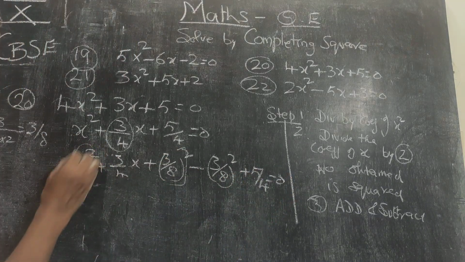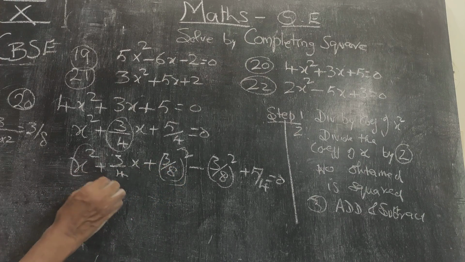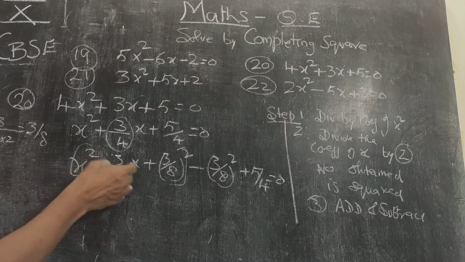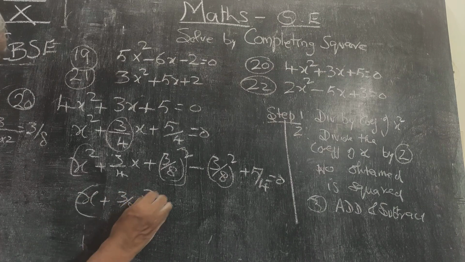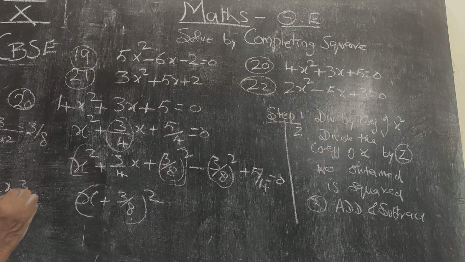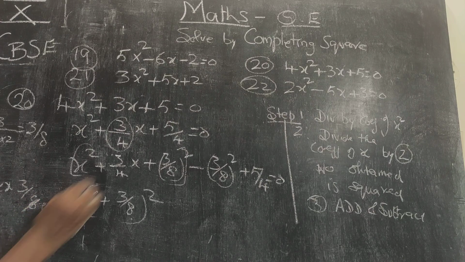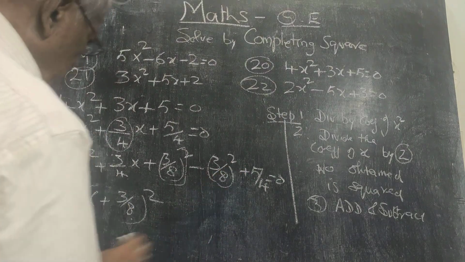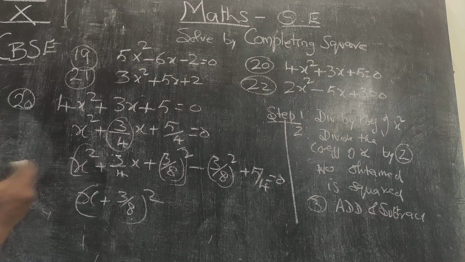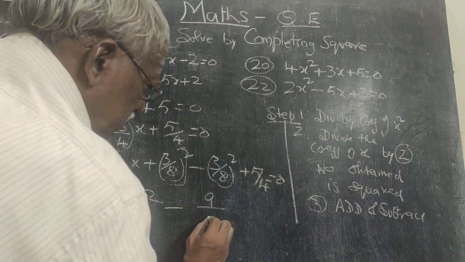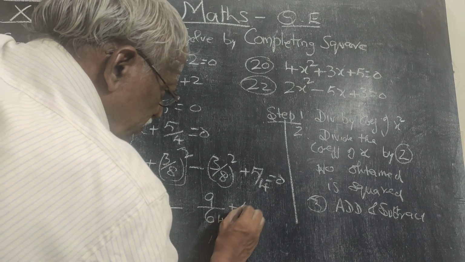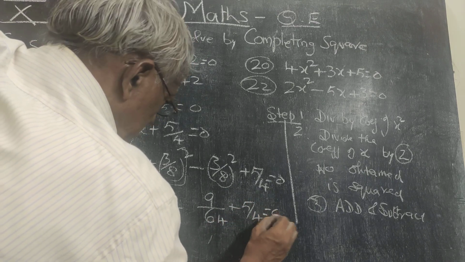Up to this, a square plus b square, and this should be 2ab. Check that you will be getting 2ab. Therefore, this is nothing but x plus 3 by 8 the whole square. 2 into x into 3 by 8, so 3 by 4. And this has to be simplified. Minus 9 by 64 and plus 5 by 4 equal to 0.